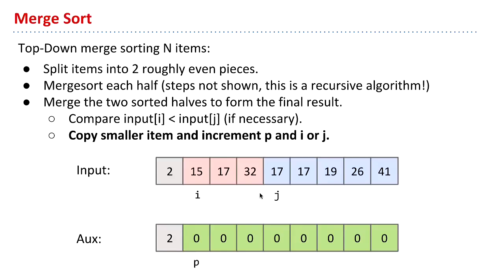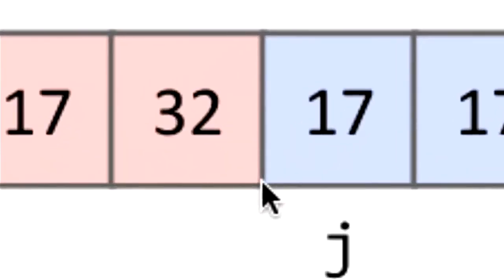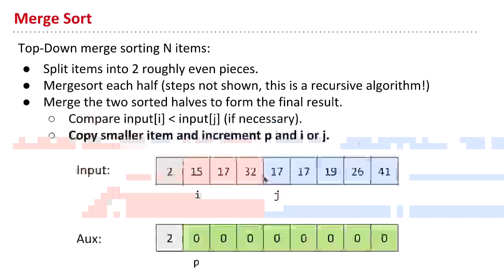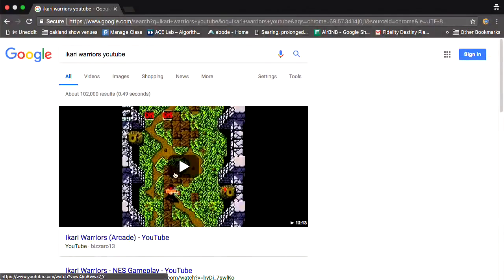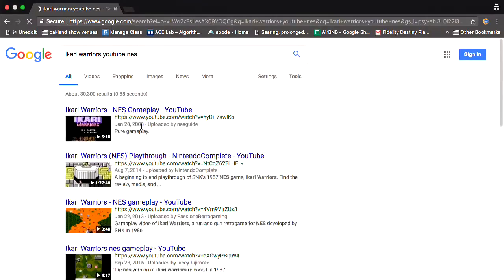Also, by the way, I grew up playing Nintendo games, and these colors resonate with my soul because it reminds me of, for example, this game Ikari Warriors. So hold on a second, let's go check this thing out. Ikari Warriors, YouTube. It's not that good of a game, but I remember playing it with my nephew because we were close in age. Here we go.